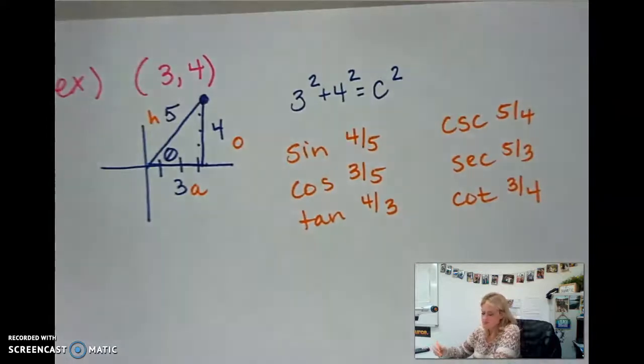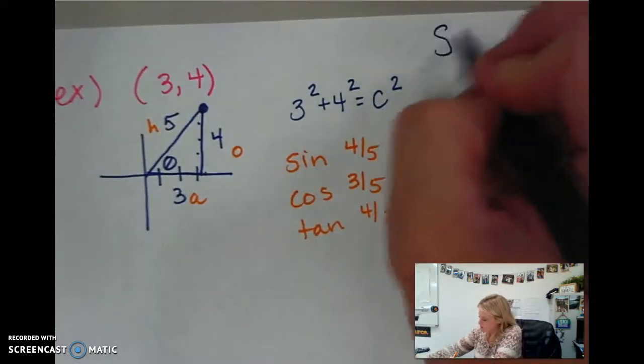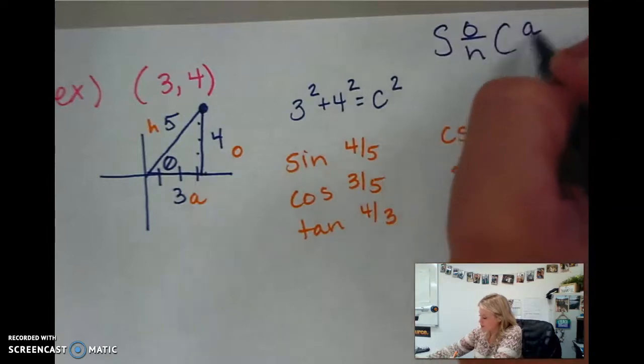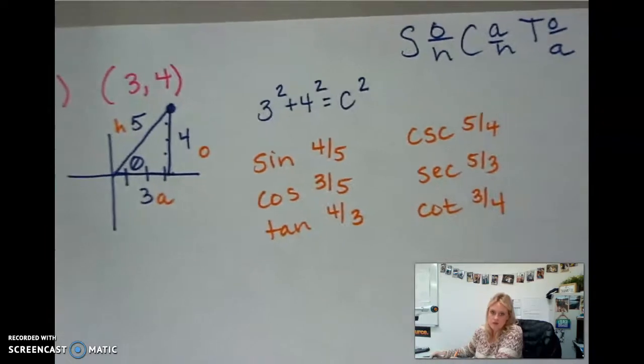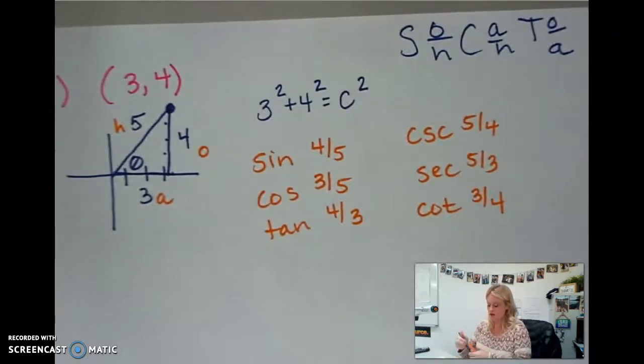That should feel very familiar, okay? There really is nothing new to this whole unit today, other than now we're going to draw reference angles or triangles in a different quadrant.